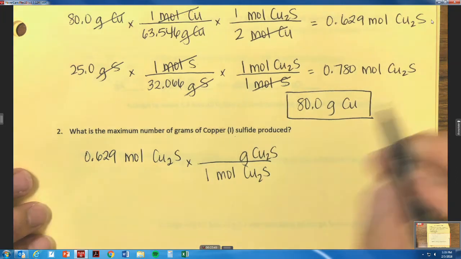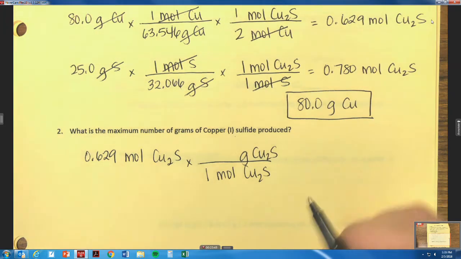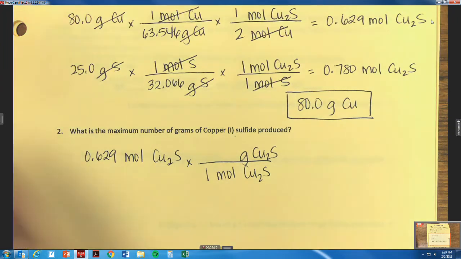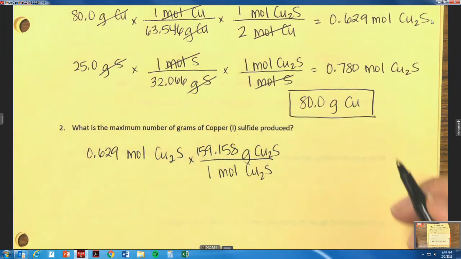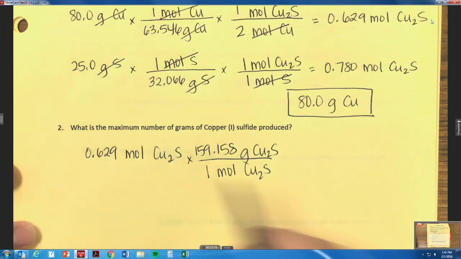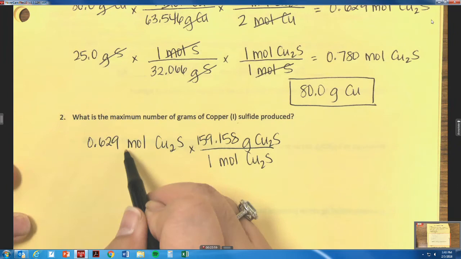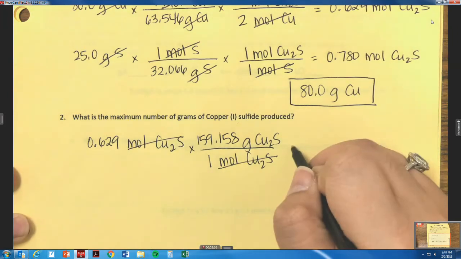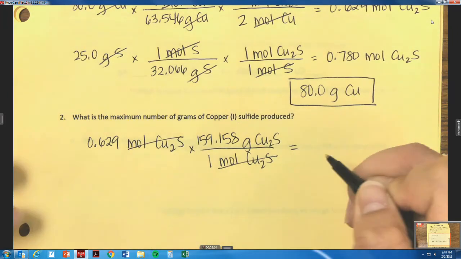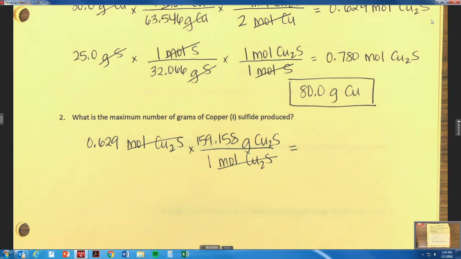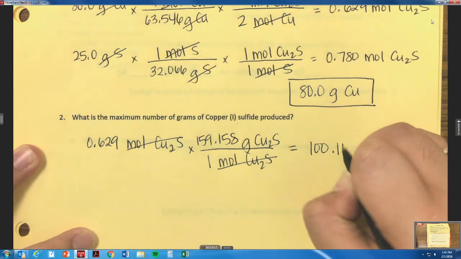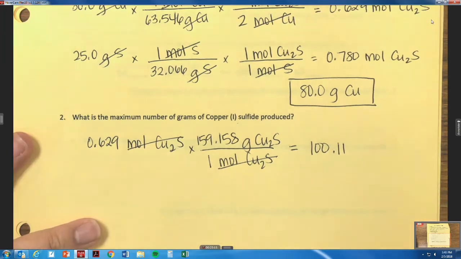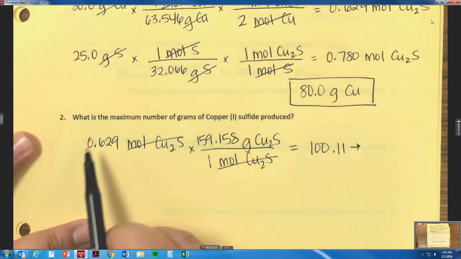So the molar mass of copper 2 sulfide is 159.158 grams. Your units are going to cancel out: moles of copper sulfide cancel. So you're actually left with, I believe the answer your calculator is going to give you is 100.11, but remember, significant figures.